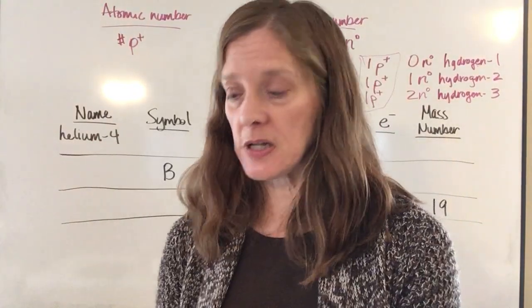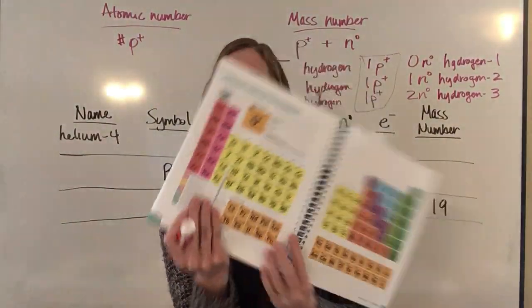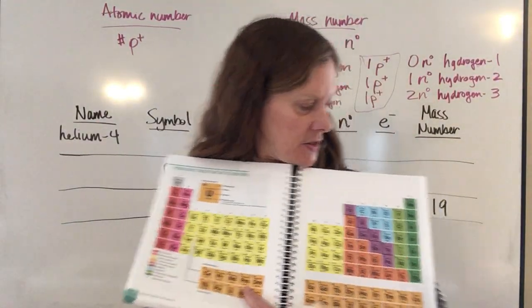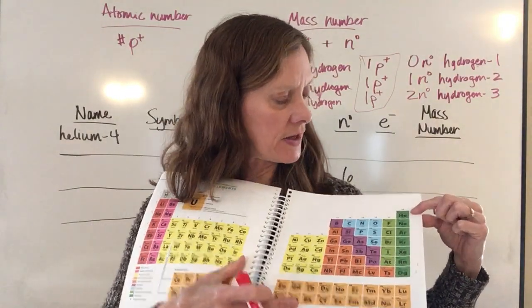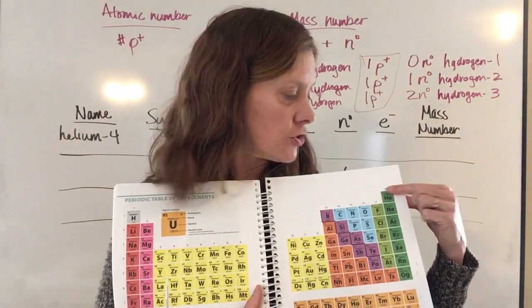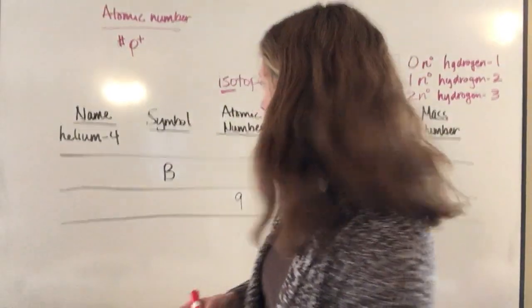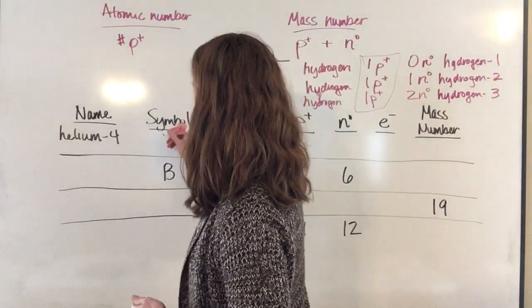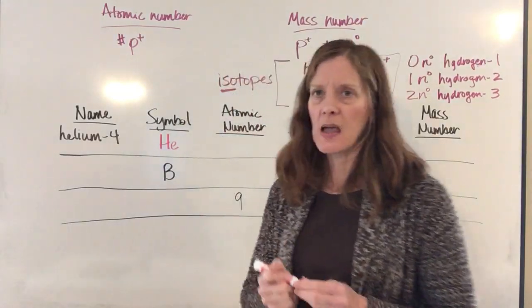So again, you're going to need your periodic table, and helium is over here, and you can see that the name of the element is written in there. And you can see that the abbreviation for helium is He. And so I can write the symbol in here as He.